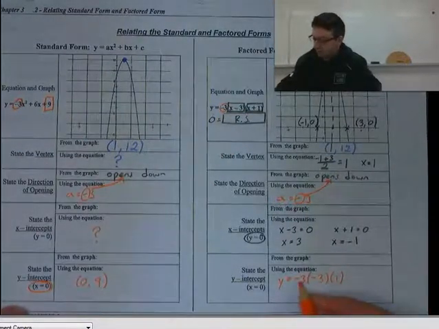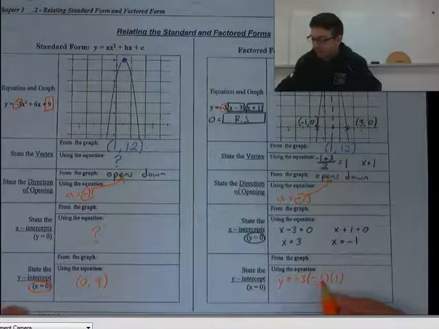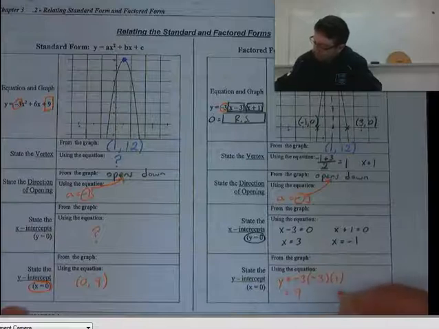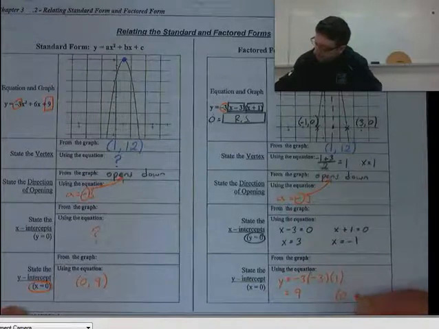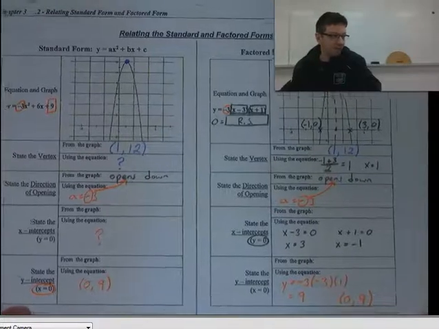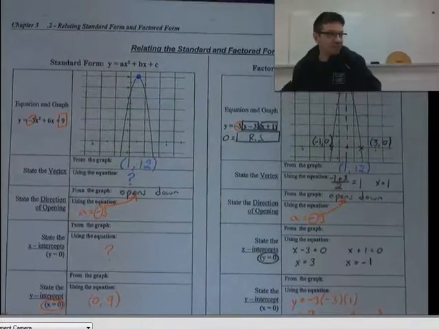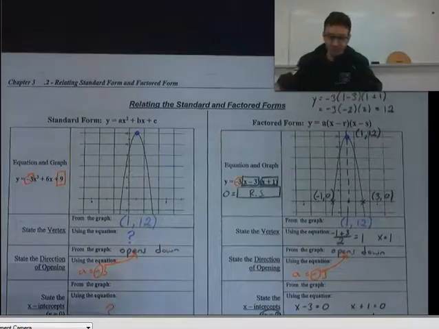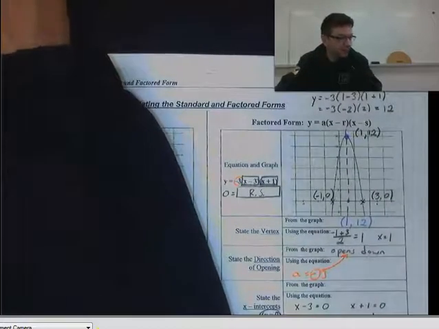And so these two multiplied together give you 9, times 1 gives you 9. So your y-intercept is (0, 9). And so here are the differences and where some of the advantages of factored form can come in for us. Just pause that, see if you haven't.